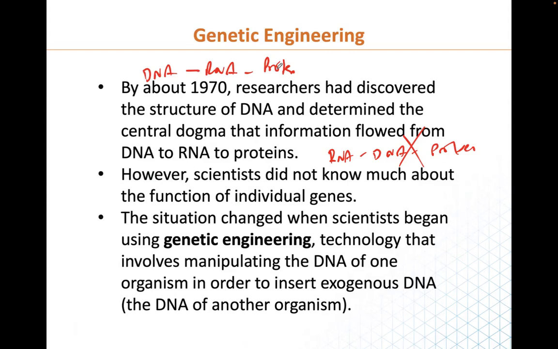When a gene is manipulated, they can knock out the gene and see what the function is. For example, if a gene is knocked out and you no longer feel the effect of that gene, then you will know this is the function of the gene.